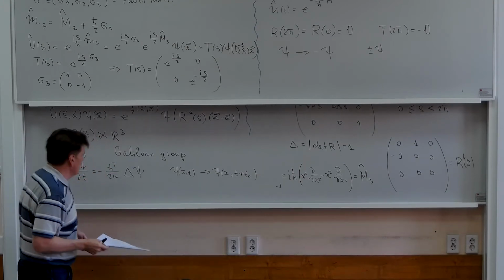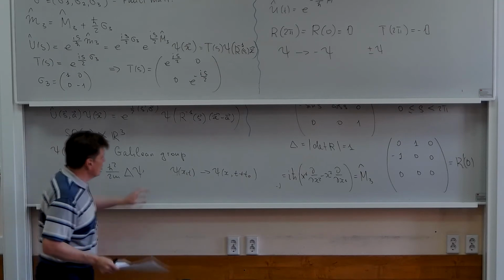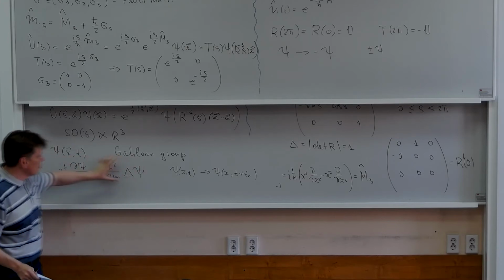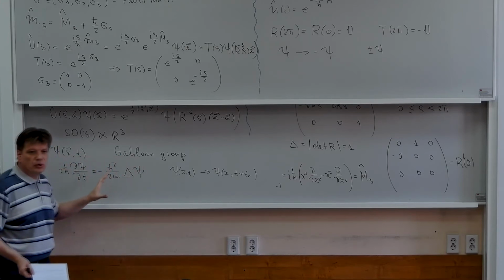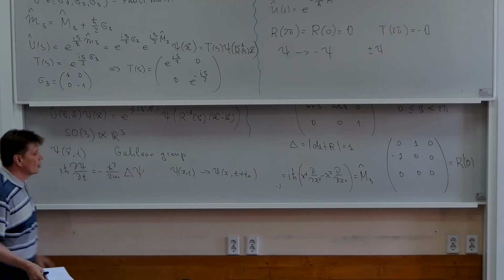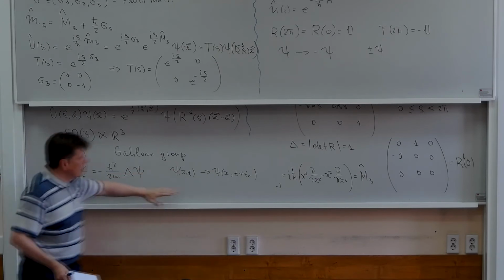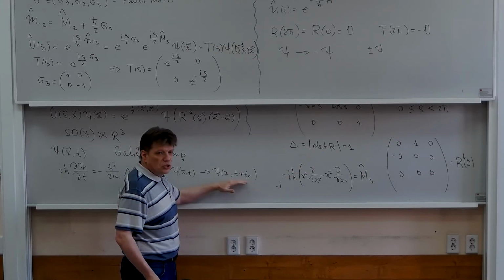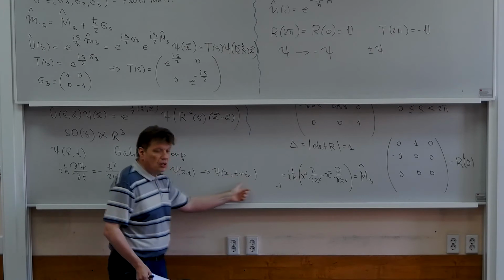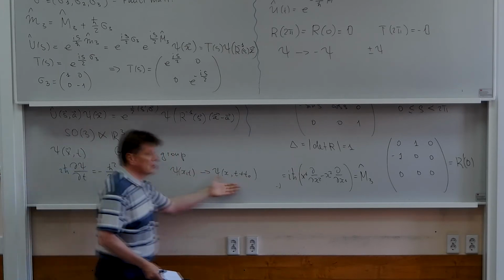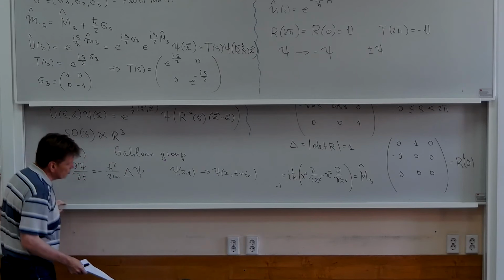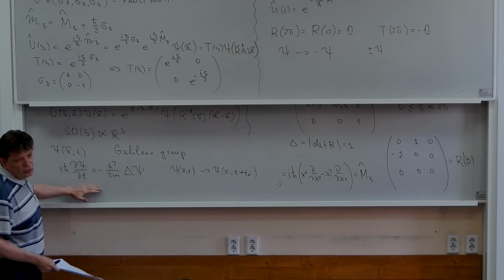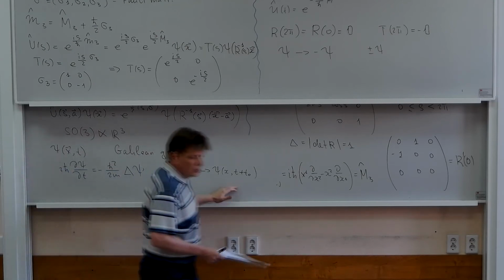It is quite easy to see that whenever psi is a solution to this Schrödinger equation, let me call it the free Schrödinger equation, no external potential, then this psi with shifted time argument is also a solution. So this transformation maps any solution to the Schrödinger equation again to a solution.